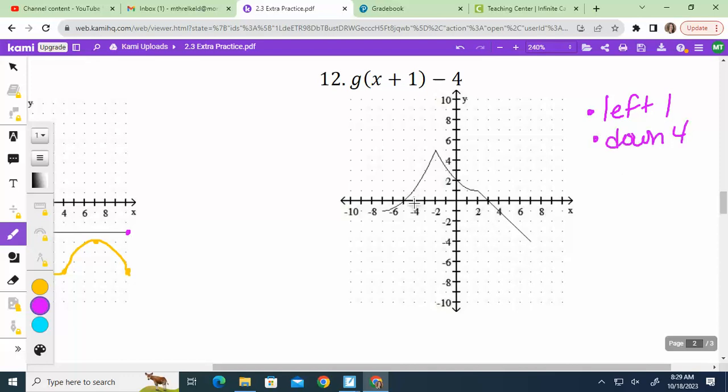I read the opposite, minus as a plus. We'll be looking at the graph. So take each point left and down.